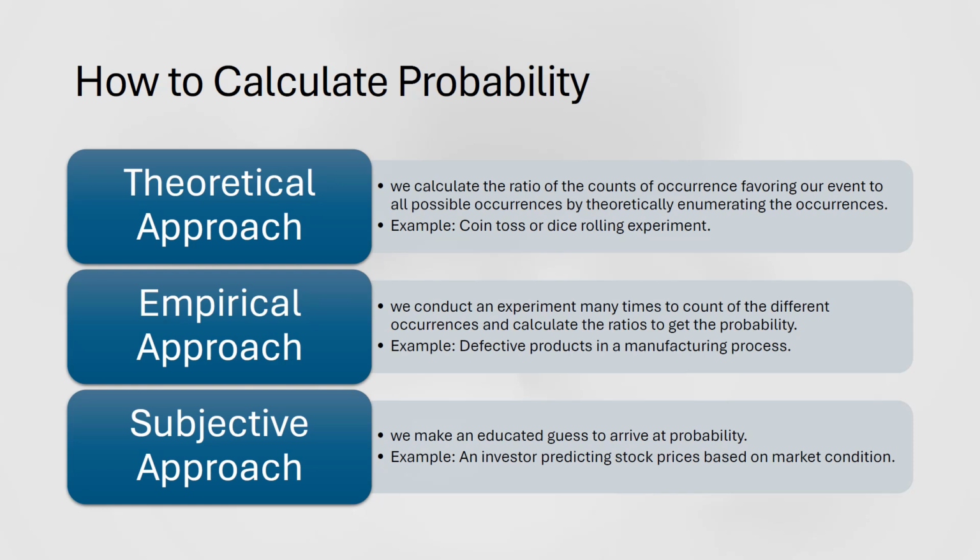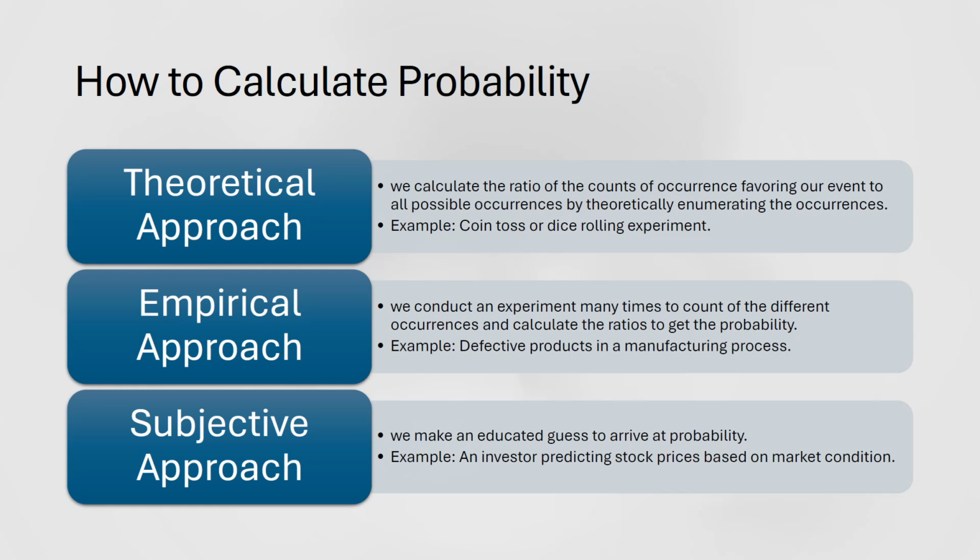On the other hand, when we cannot enumerate the sample space, we take an empirical approach. We actually conduct the experiment practically to determine the probability.